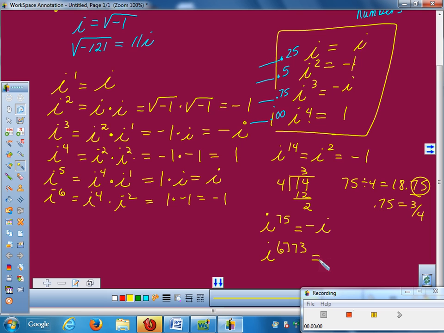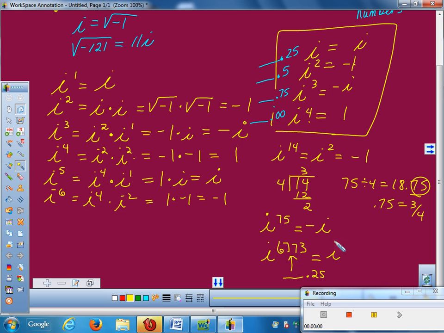What power of i is that? What would you do? You would divide it by 4, and you would look for the decimal you got. So what decimal do you get? Yeah, you get something, some number, 0.25. 0.25 is 1/4. So therefore you are i to the first. So it's just i.